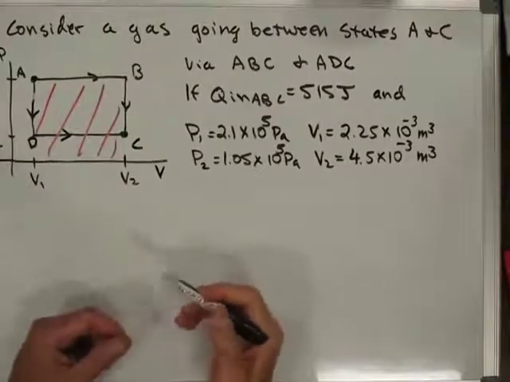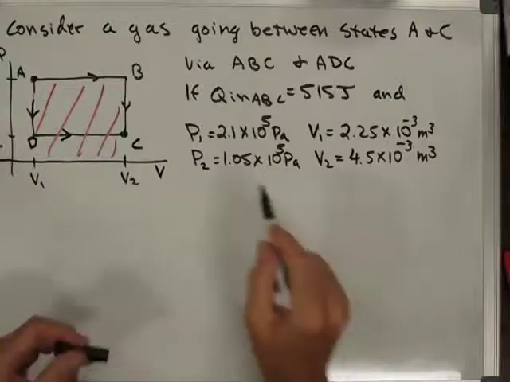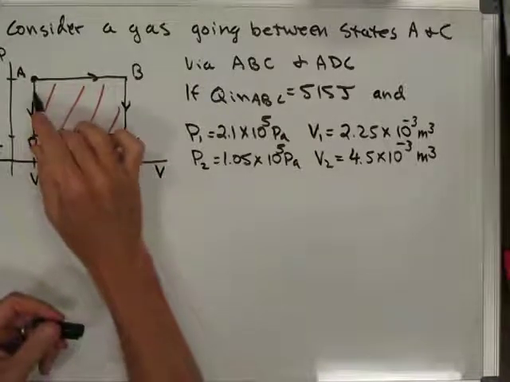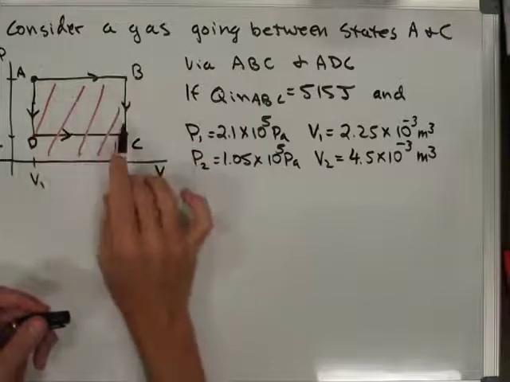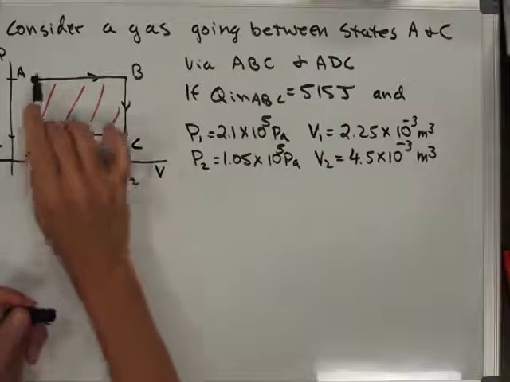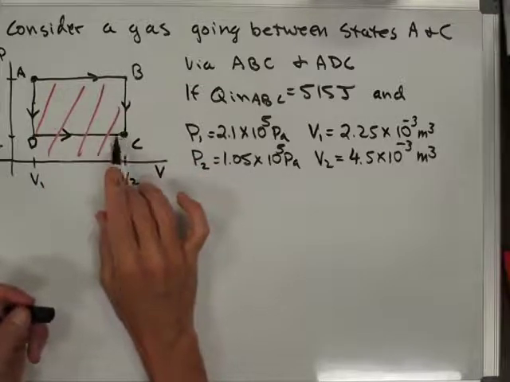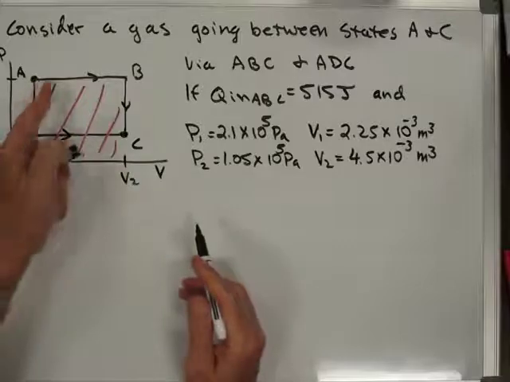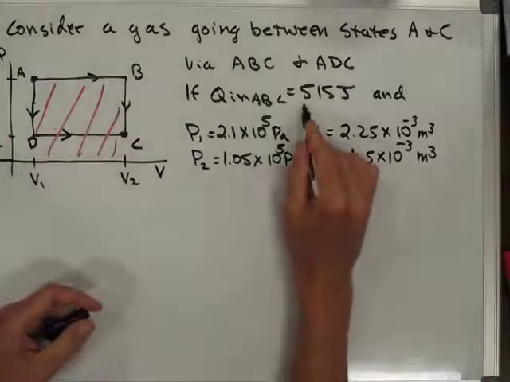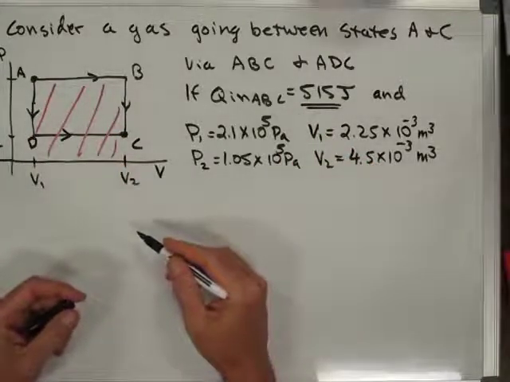So in this problem it says, consider a gas going between states A and C via either ABC or ADC. Obviously it can go on any thermodynamic path from A to C, but we're going to look at ABC versus ADC. We're saying, look, when it goes on ABC, the heat added, they're telling us, is 515 joules.